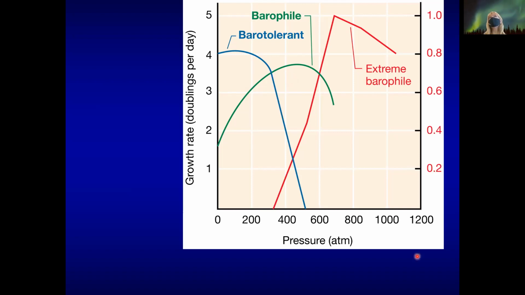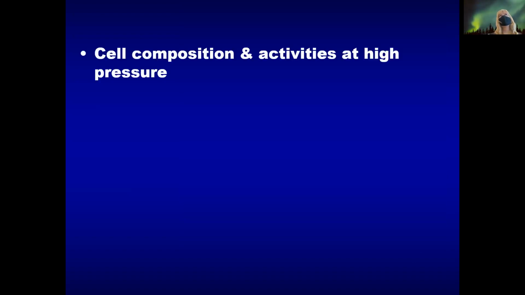So, of course, we wanted to know about the extreme barophiles especially, because they're fun to think about. What are they doing to deal with this kind of pressure? When they finally figured out how to keep them alive after bringing them up to the surface, they started looking at their cells, their morphology, and then the composition of their cell membrane, because the cell membrane is incredibly important for any organism, but particularly for microbes, because they don't have internal organelles to put their proteins and enzymes in.